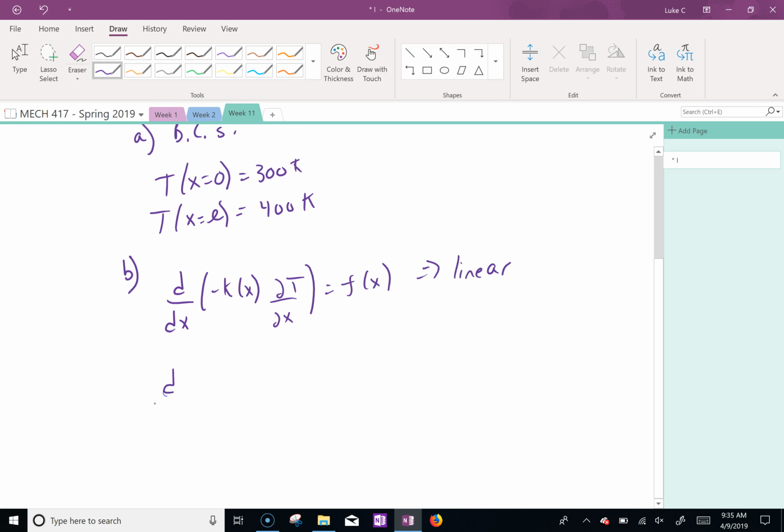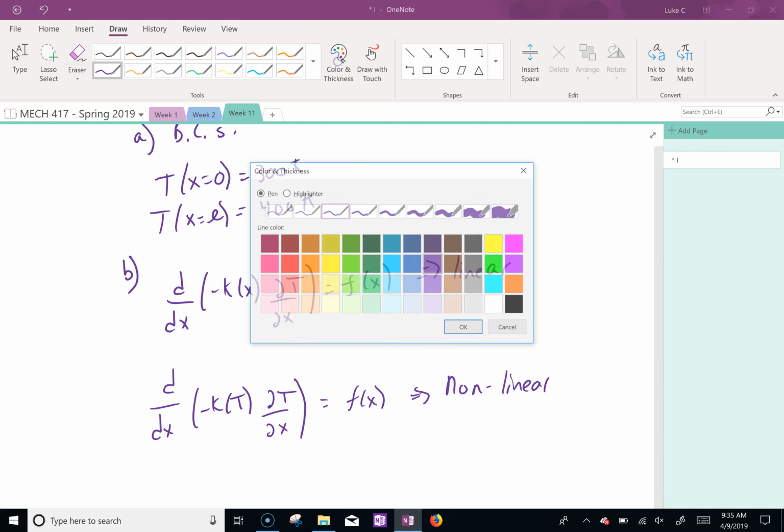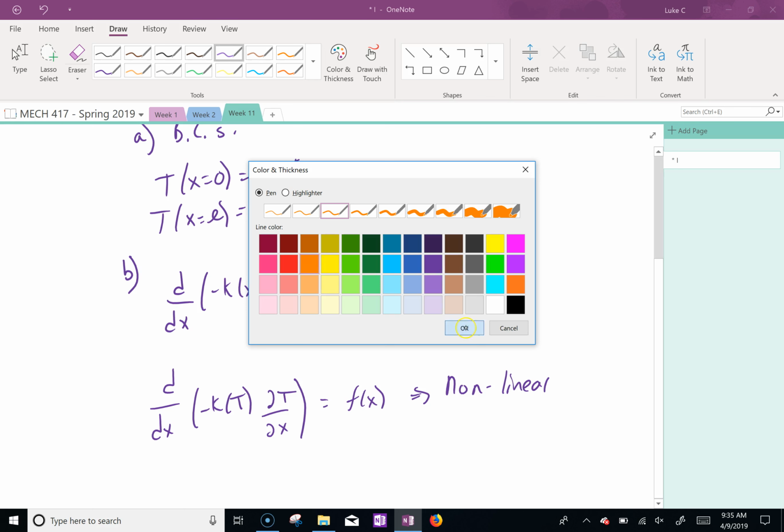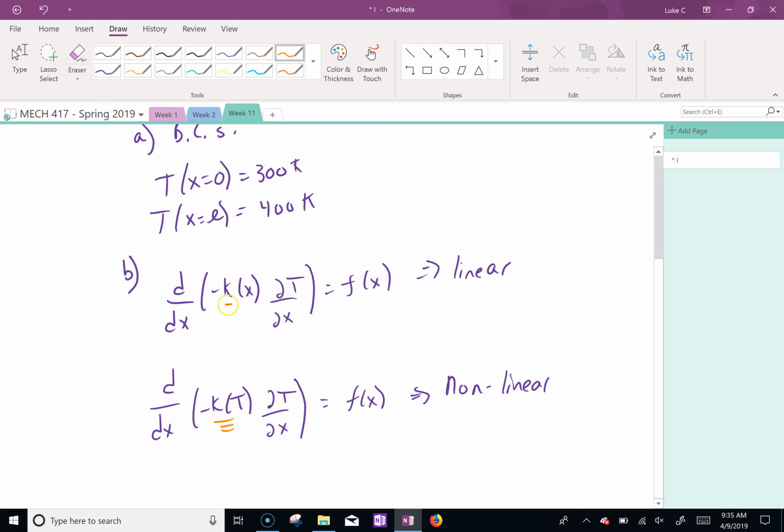I'm going to show you this one. This is nonlinear, because in the linear case, K is a function of X. In the second one, K is a function of T, and it becomes tricky. It's much easier to solve linear ones.